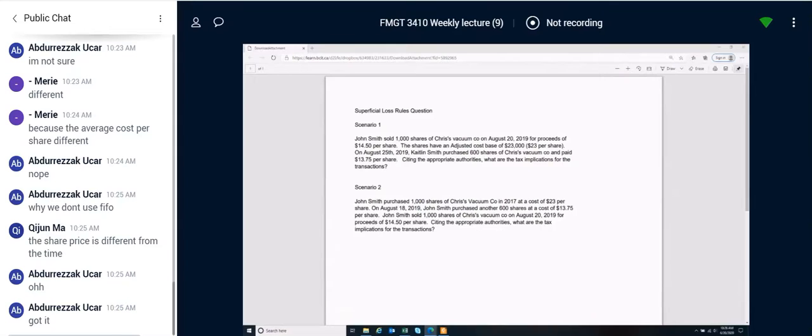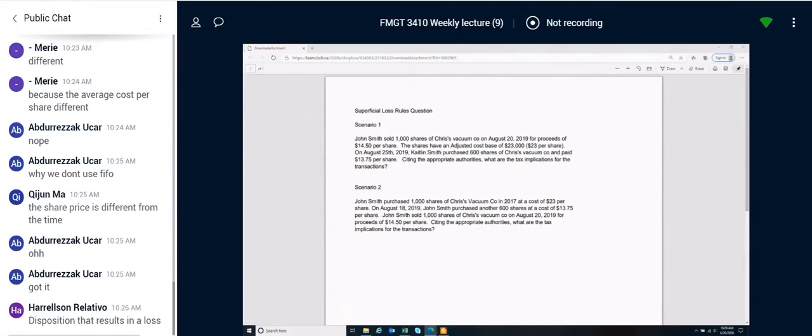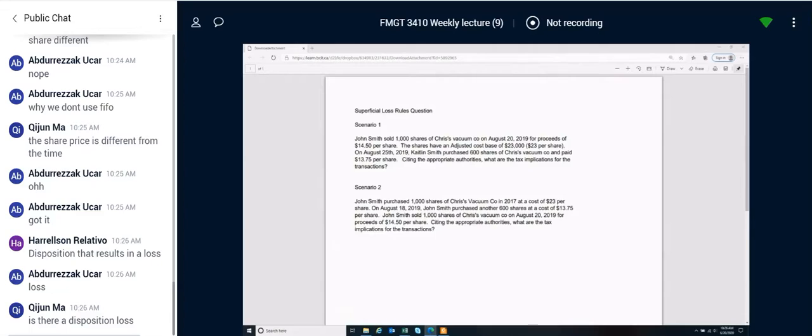What's the first trigger? All right, so first one, disposition that results in a loss. If we look at the scenario, sells for 1450, bought for 23. That's easily a loss.